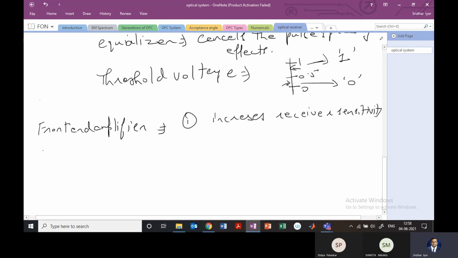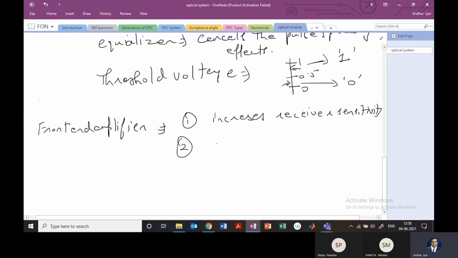So for example, take the numerical which we solved, if the signal to noise ratio which we require is 40 dB, what is the minimum power to obtain 40 dB? That is known as the receiver sensitivity, right? So if you have a high receiver sensitivity, it is very good because at very low power itself, you can achieve the desired quality of service.